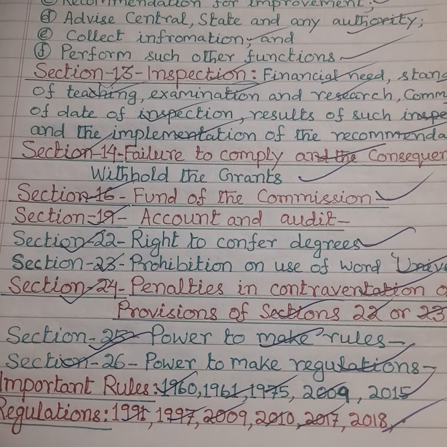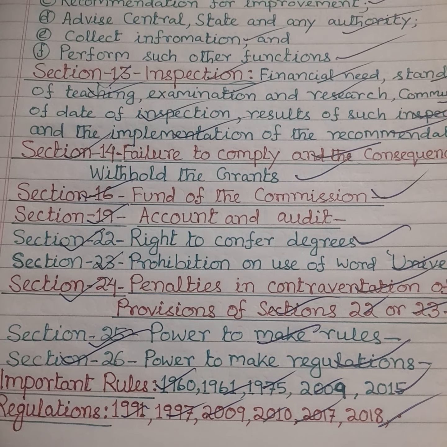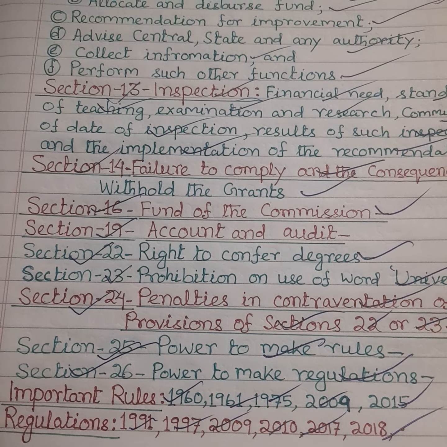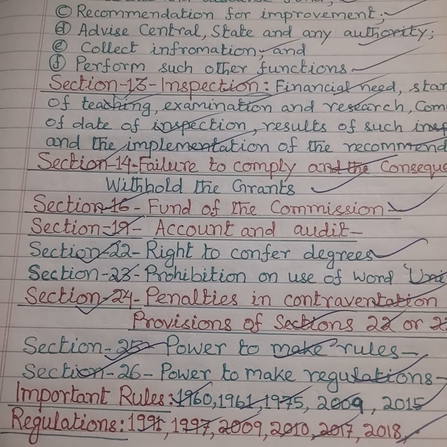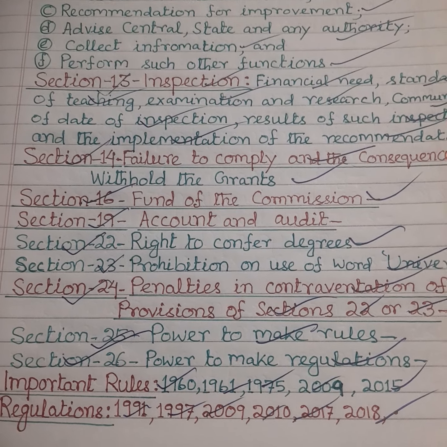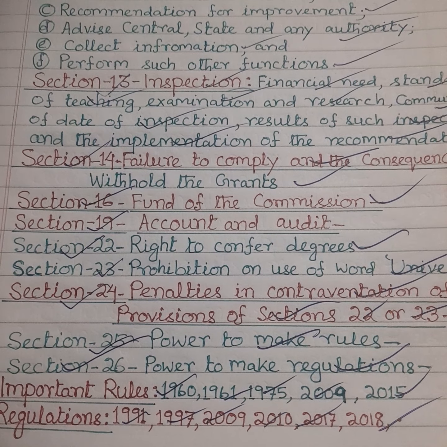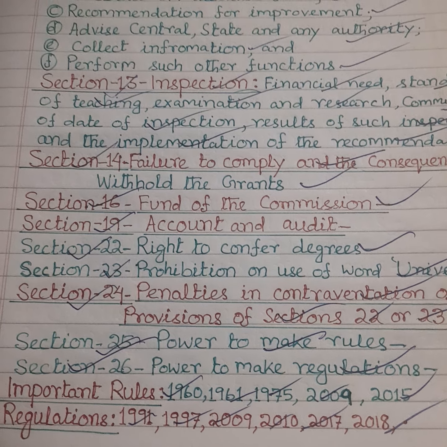In the same year, in 2009, the University Grants Commission regulation on curbing the menace of ragging in higher educational institutions was made, and in the same year also, in 2009, the University Grants Commission made another rule relating to inspection of universities.